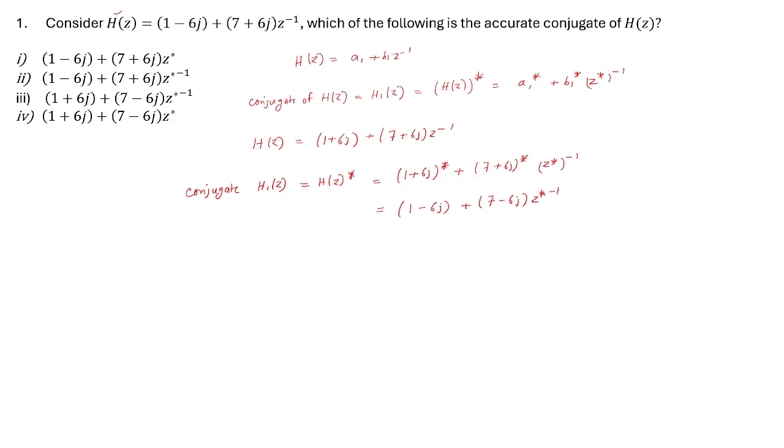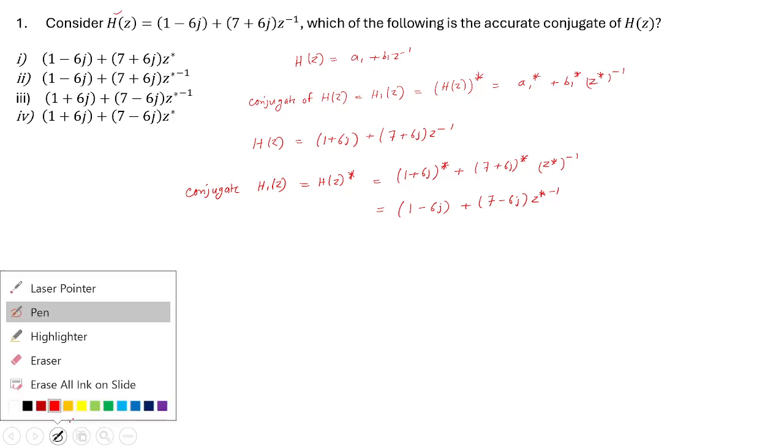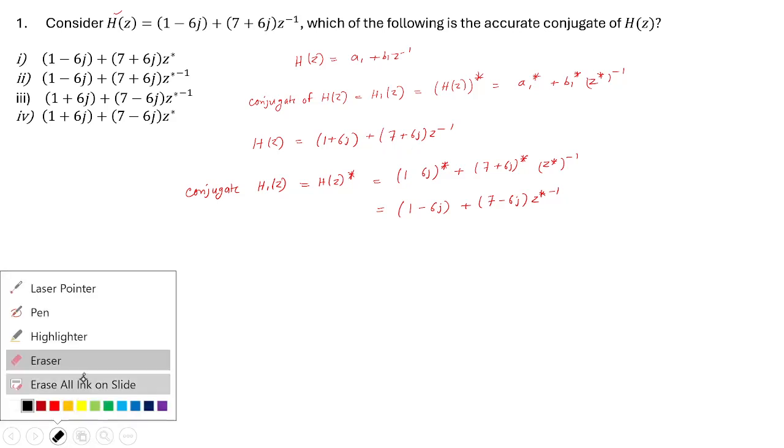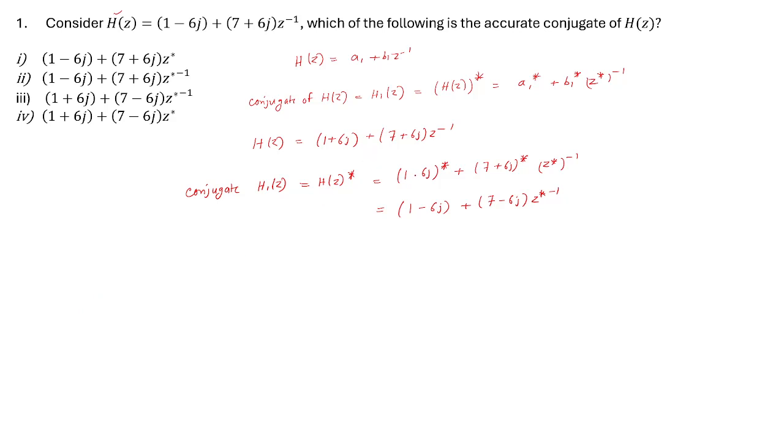So check which of the expressions goes with the following. Now in the question it is 1 minus 6j. Let me correct myself. Therefore it should be 1 plus 6j, and option 3 corresponds to the correct answer.